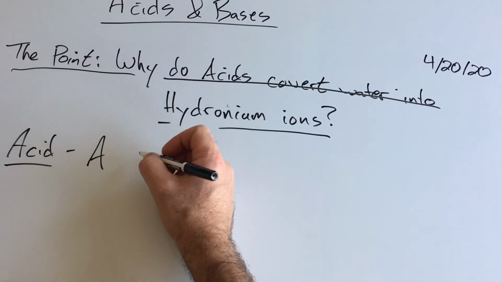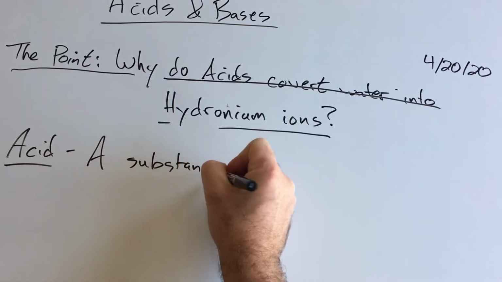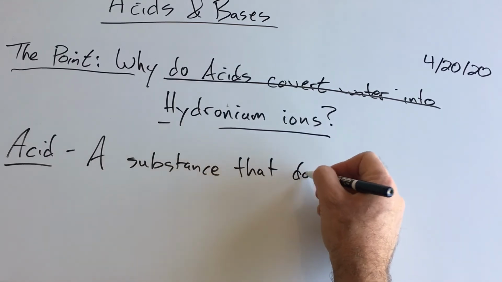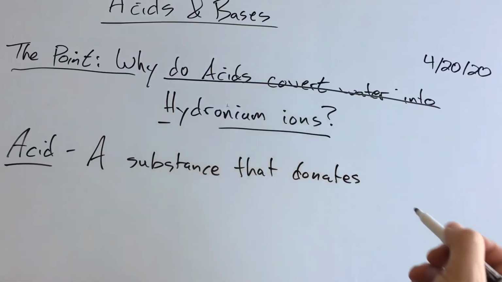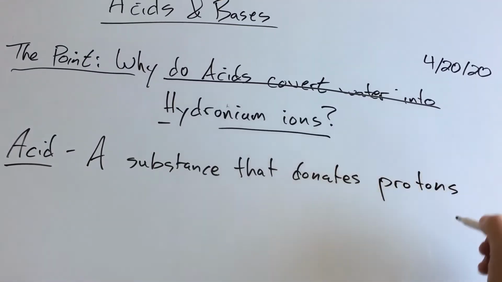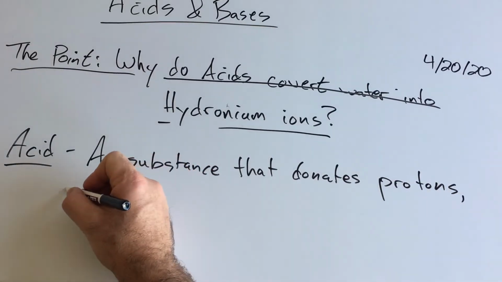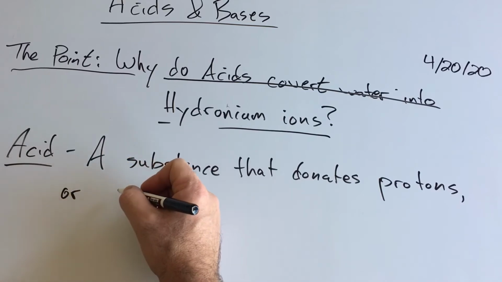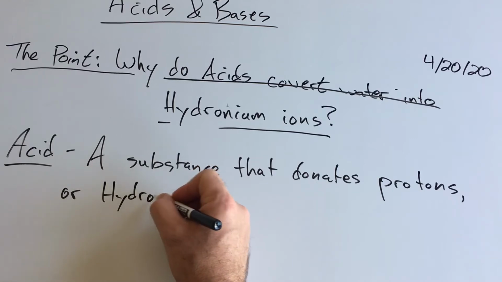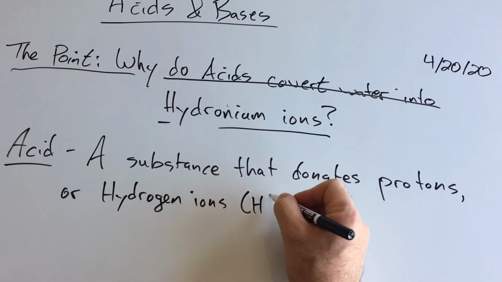So an acid is a substance that donates protons, comma, or hydrogen ions, which is written as H with a little plus.